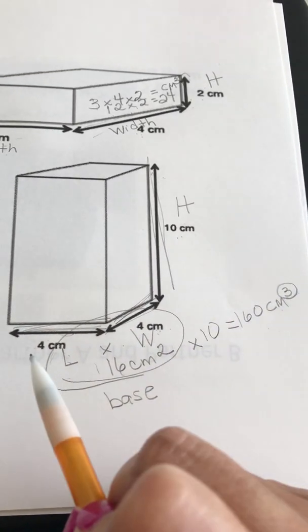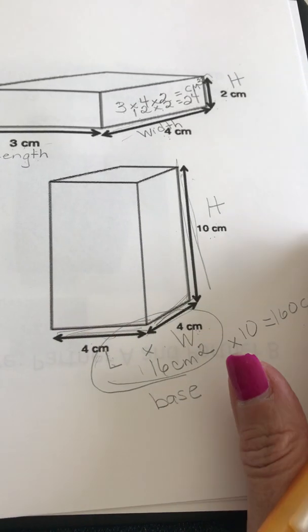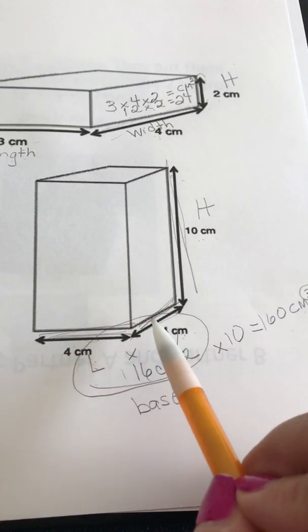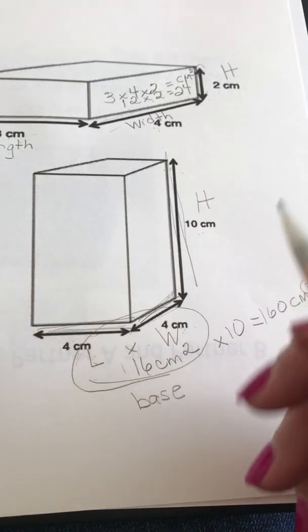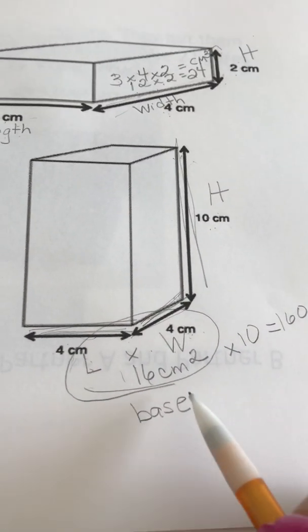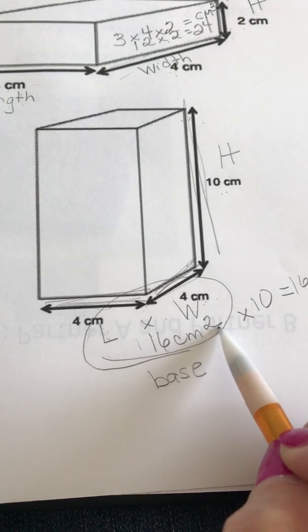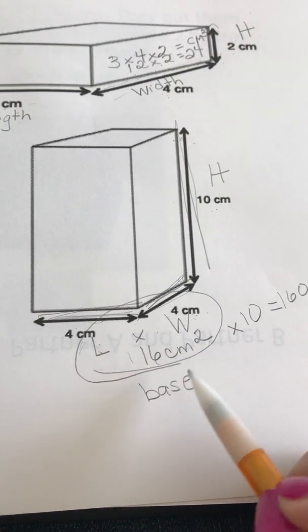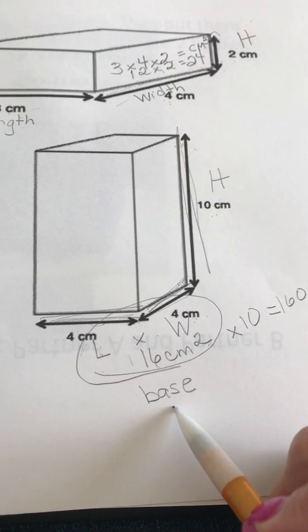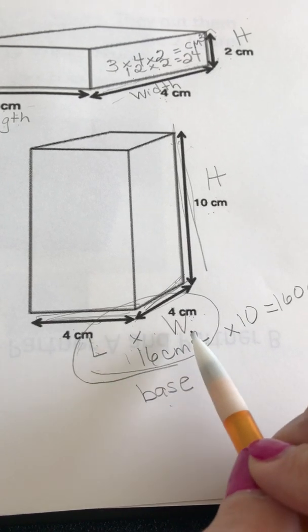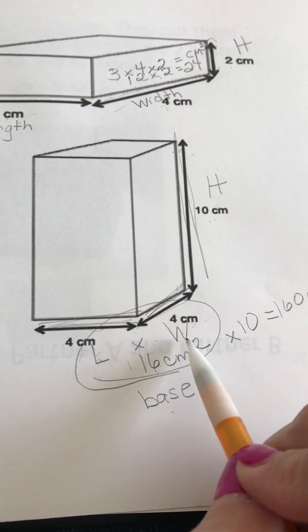Remember the 3 because we're multiplying length times width times height. We're multiplying 3 things. Now you'll see here that I have 16 centimeters squared. When they ask you to find the base, they're talking about the length and the width. You're going to multiply them together.